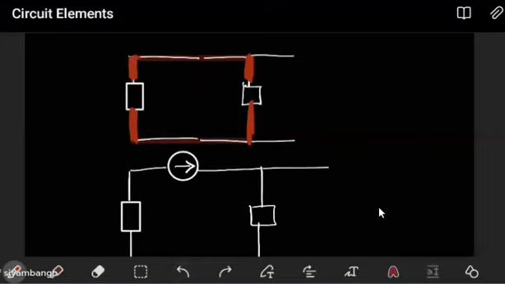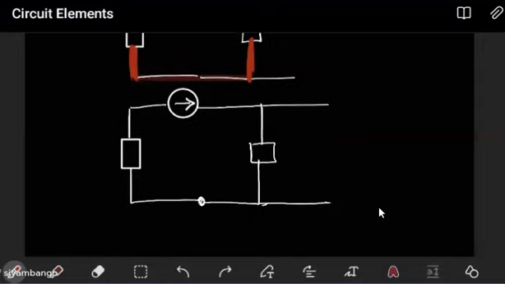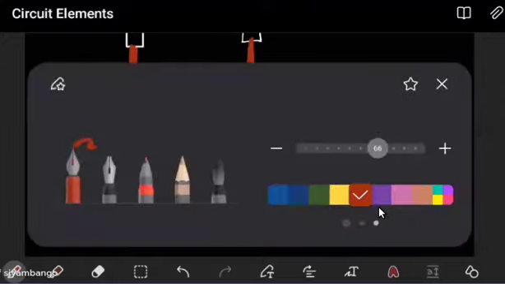For example, in the circuit below, this resistor down here connects here. This one here connects here. This one down connects here. This one connects down here. When you look at the bottom, it is one node.